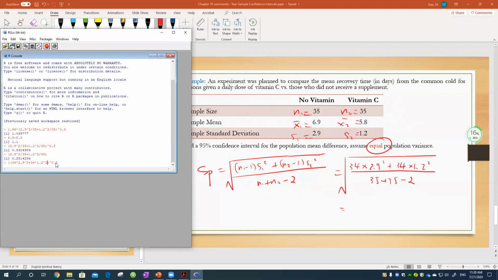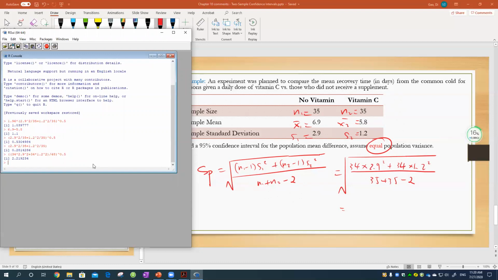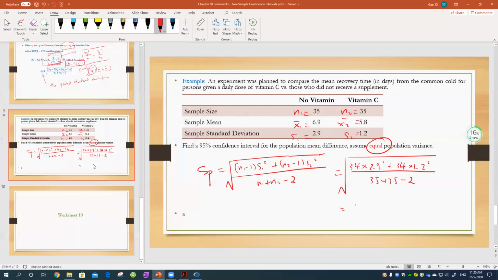And don't forget the parentheses, because we add up together and then divide by 70 minus 2, that's 68. So the whole thing, take the square root. Okay, so that's how we type it into the calculator, and then we got 2.219. So we just write down 2.22 as the pooled standard deviation.